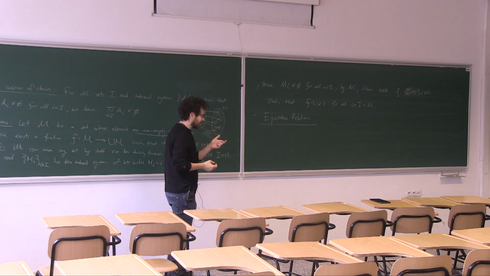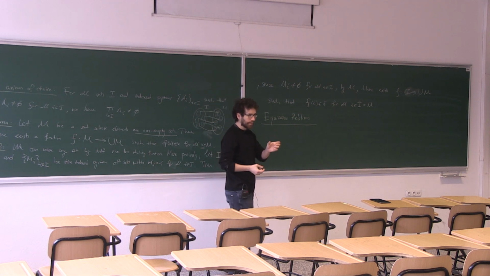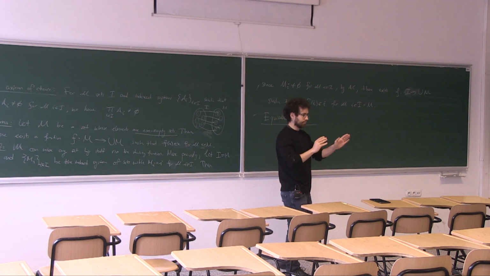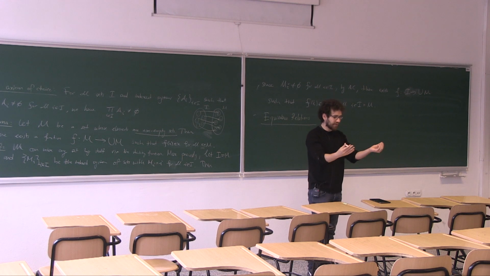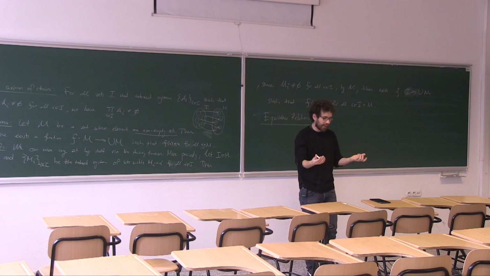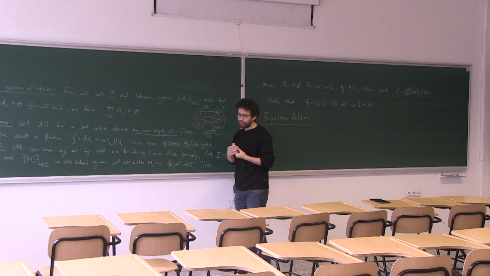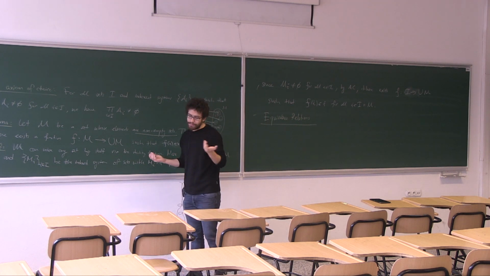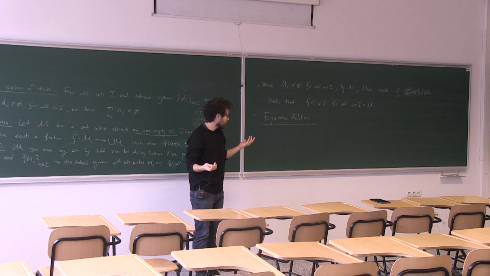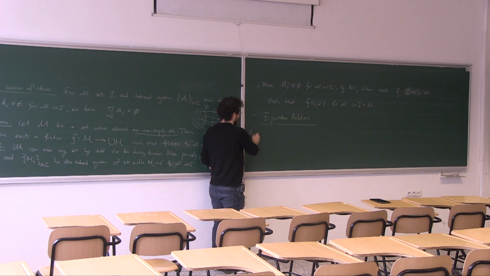Notice the difference between the word equal and equivalent. As sets, two sets are either the same, they're identical, or not. But in practice, sometimes we want to consider them to be equivalent. For what purposes? For example, take this set, and take this set. A and B are arbitrary sets.